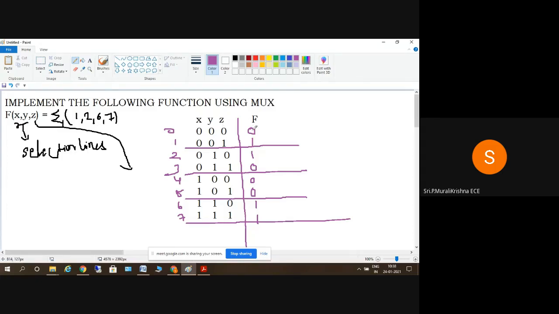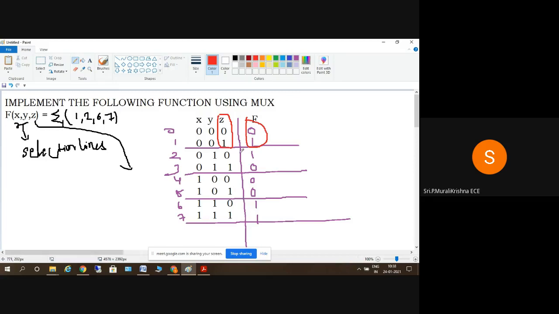Now what I have to identify here is to compare these 2 values. Compare this z with these 2 values of f, and f should be in terms of this z.